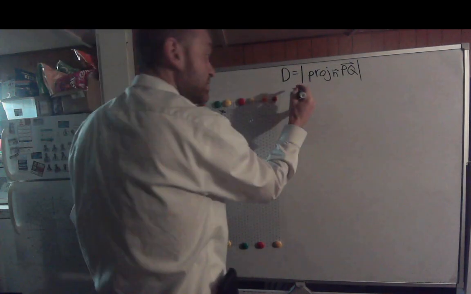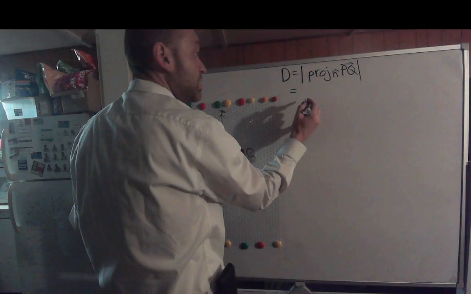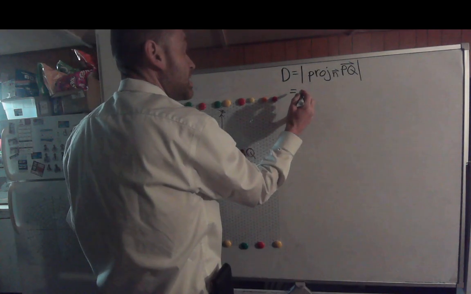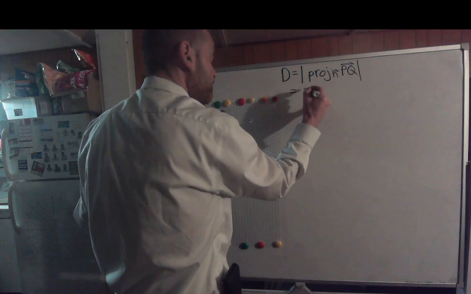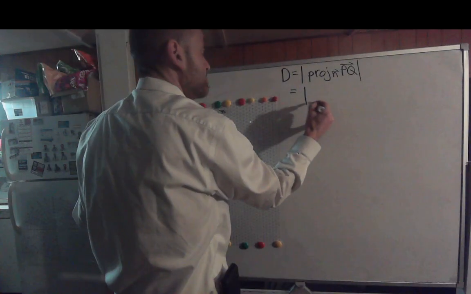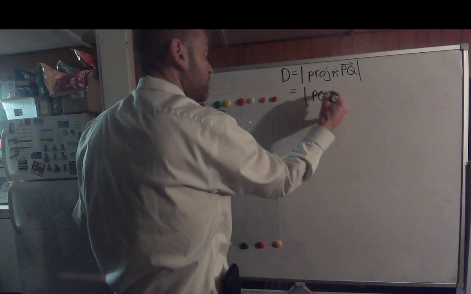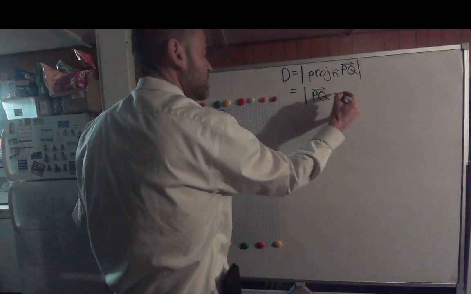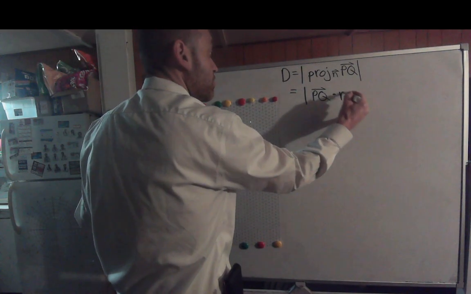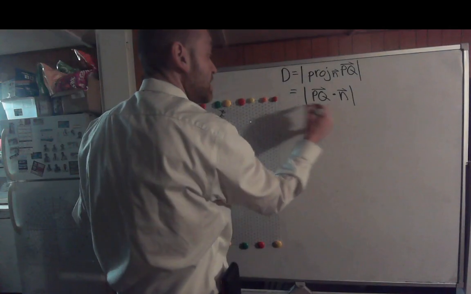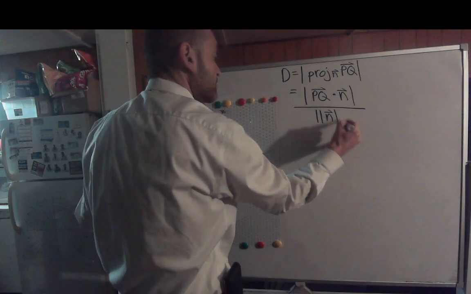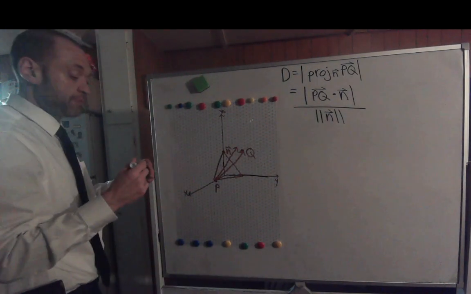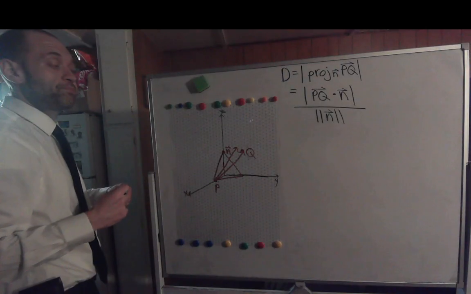So what is the vector projection itself? Well, that's going to then equal the absolute value of the dot product of vector PQ and that normal vector n, divided by the magnitude of your normal vector. That's exactly what that projection means.